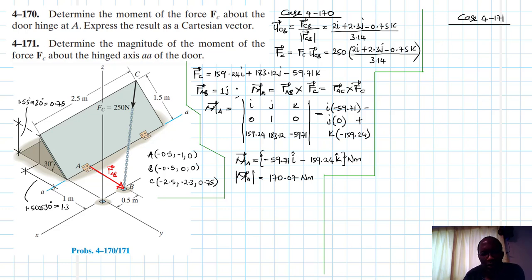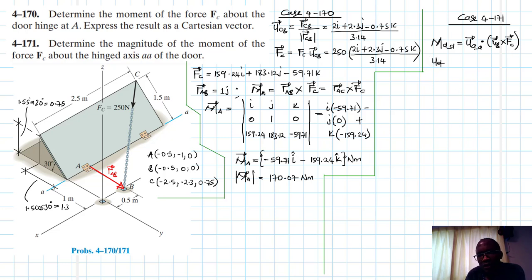So what we need to do, for us to find this magnitude, let's call it M underscore A. This is going to be equal to the unit vector along this axis dot RAB, cross FC.